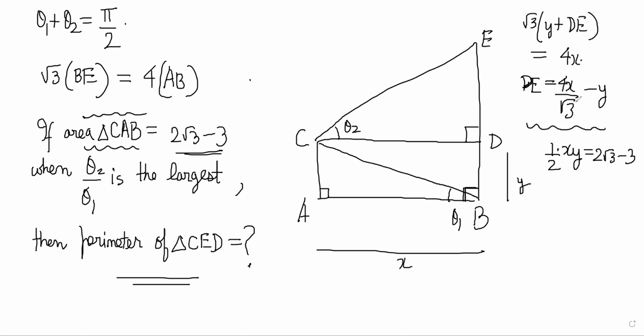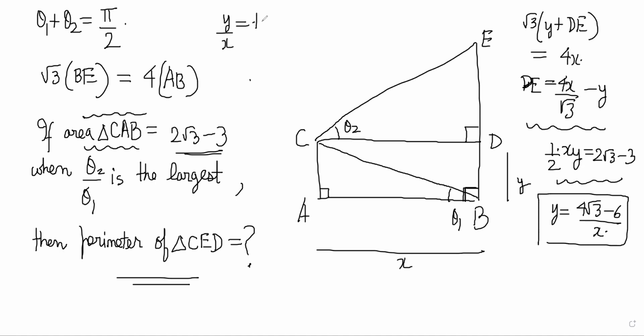Sir, we do have y by x equal to tan theta 1 equal to cot theta 2. Y can be solved here and written as 4 root 3 minus 6 by x. And y by x is tan theta 1, and tan theta 2 is DE by x, right? Yes, sir.